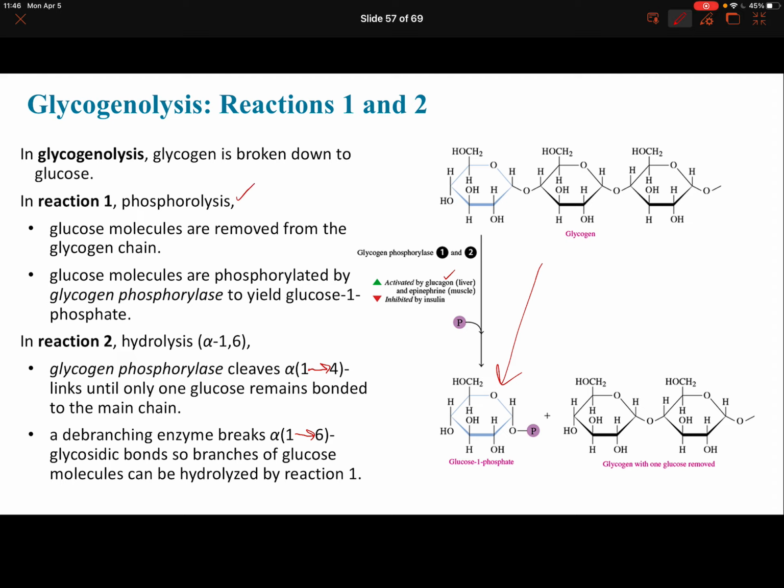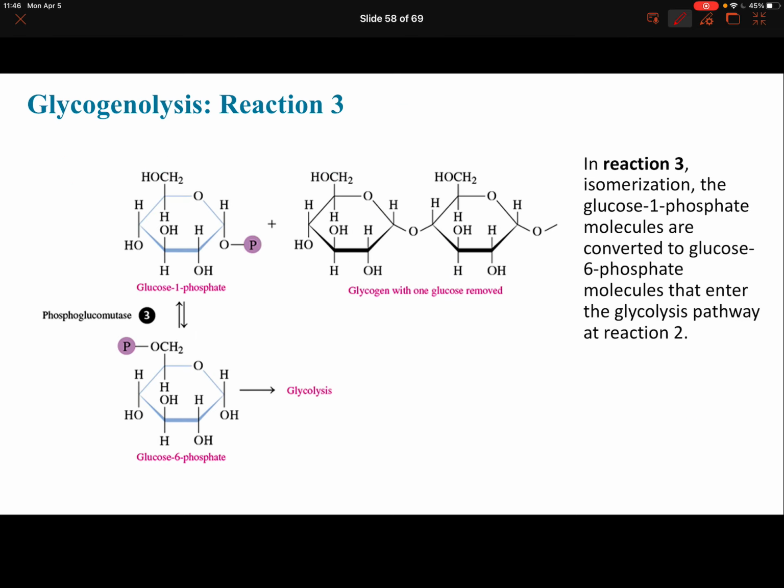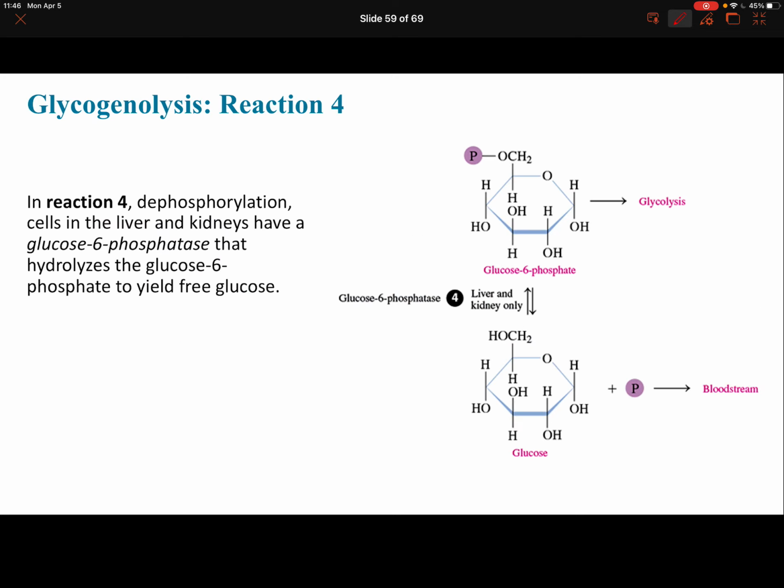Because they're all connected the same, we just have to deal with those branches, and then they get broken down one by one. Reaction 3, glucose 1-phosphate gets converted into glucose 6-phosphate so that it can enter glycolysis. So if you are in need of energy, your glycogen breaks down and gives you an already activated glucose to go right into glycolysis.